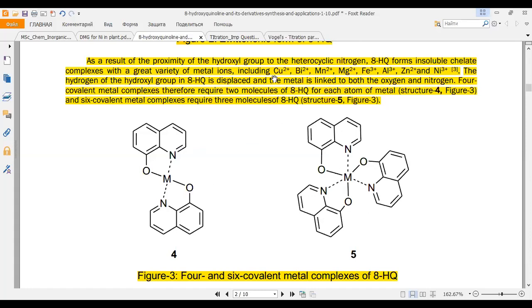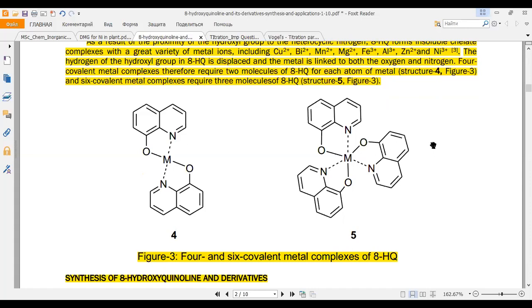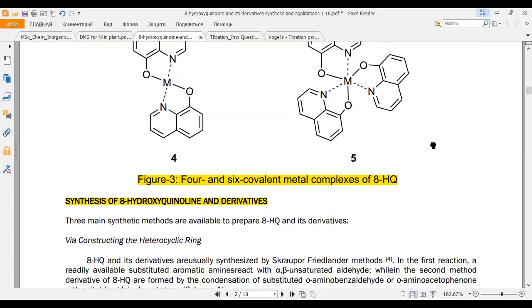And what are those metals? Copper, bismuth, manganese, magnesium, iron, aluminum, zinc, and nickel. Okay, these are these reagents. And like I said earlier, they are getting the information from another source. What is the source? It is number 3 that you can find in the reference. So this is how the complex is formed.